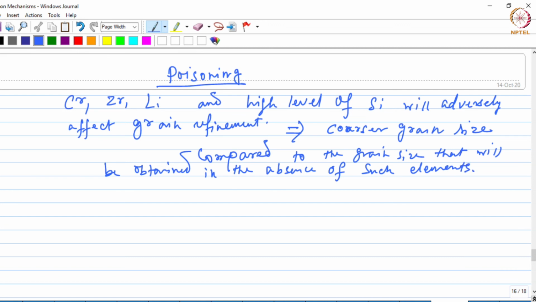And the poisoning effect comes due to some interaction between these kind of elements and the grain refining constituents that you have in the melt. And there are certain mechanisms proposed to explain these interactions.